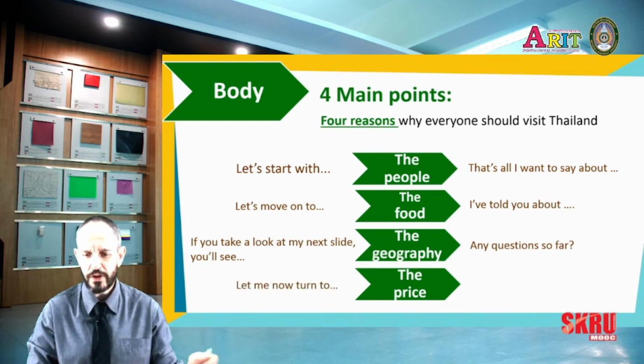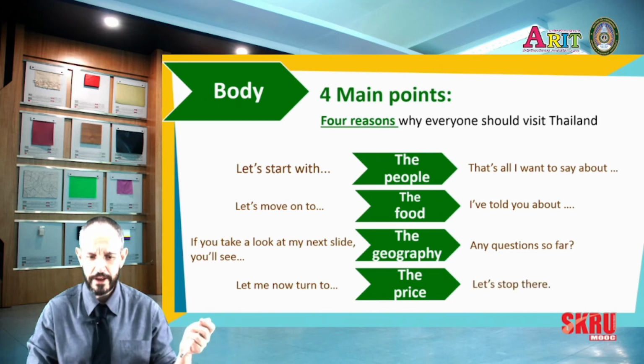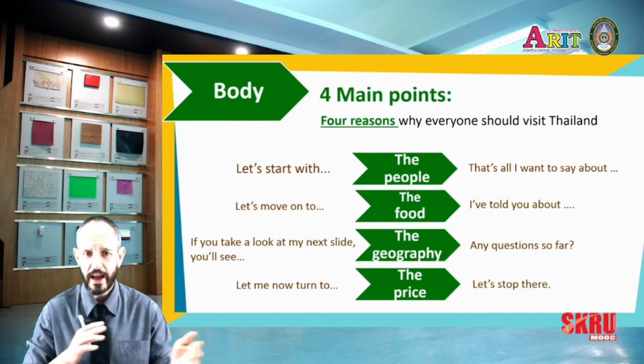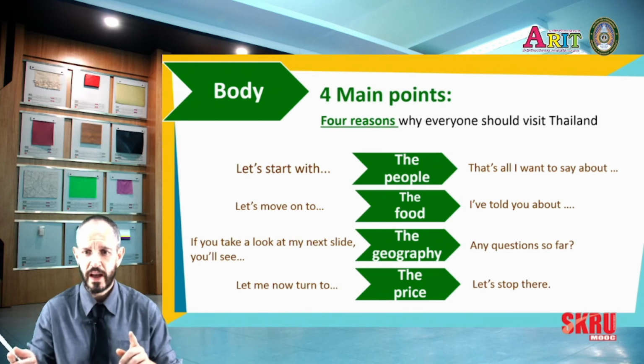Now, let me turn to the price. And when I finish talking about the price, I say, okay, let's stop there. And that's how you use the phrases to introduce and transition into and out of all the main points.